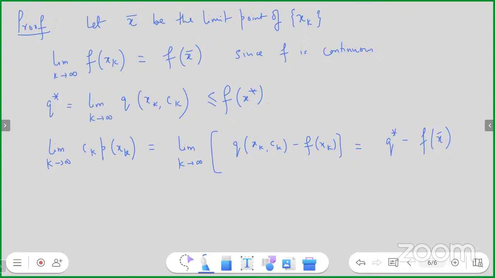So far, so good. Now, what do I know about c_k's? They are going to infinity. Given that c_k is going to infinity, what can you conclude from all this?